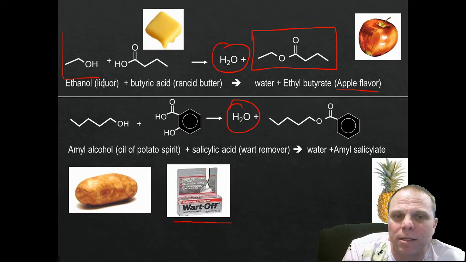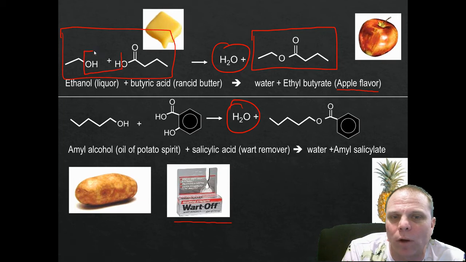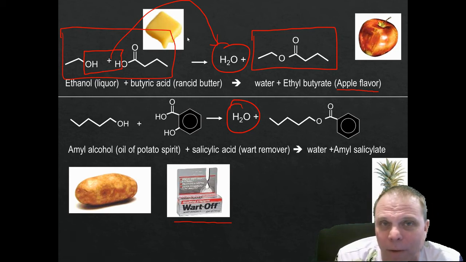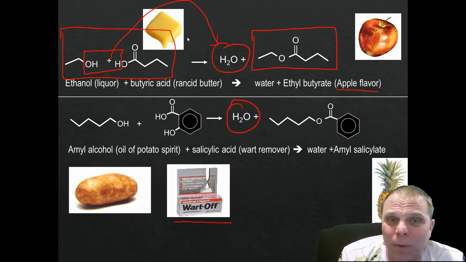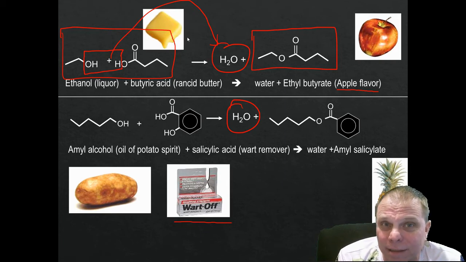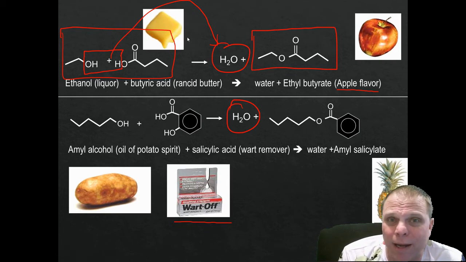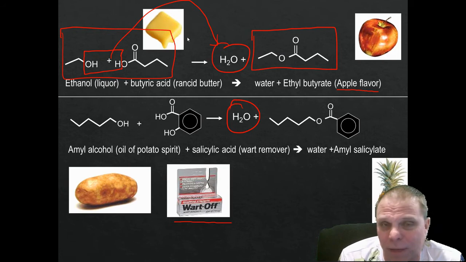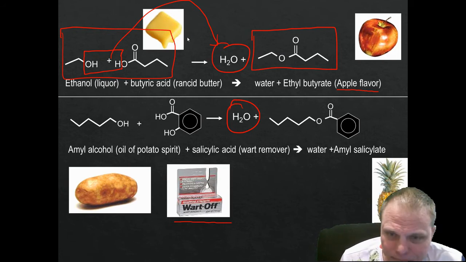All right, it's putting these guys together. But what happens is it always takes off like a hydrogen from one and a hydroxide from the other, and that forms the water, and the rest of it forms the other compound, right? So this is pretty cool. It's called dehydration synthesis, and it's making a water molecule at the same time it goes through the synthesis reaction.